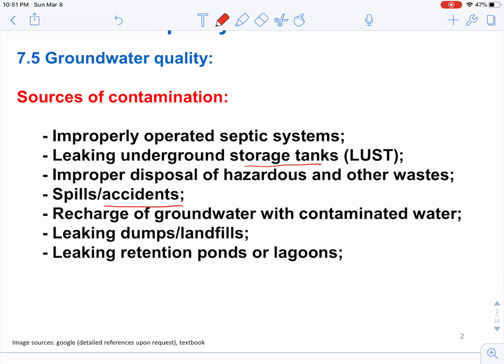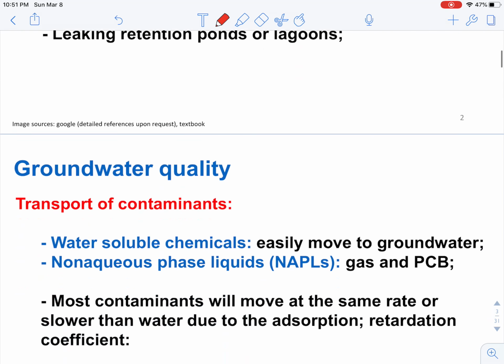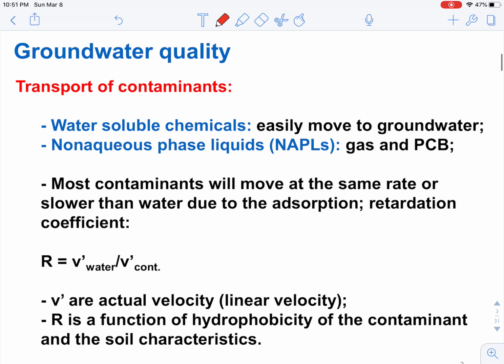And in terms of groundwater quality management, there's one parameter that is quite important, which is called the retardation coefficient. The reason why we're interested in this factor is because most of the contaminants in the water will actually move at the same speed or slower than the water because of the absorption.